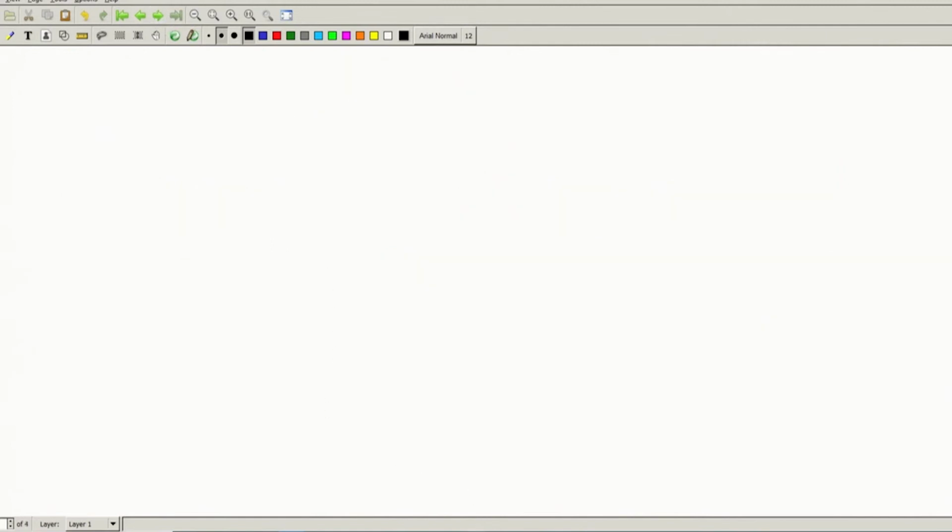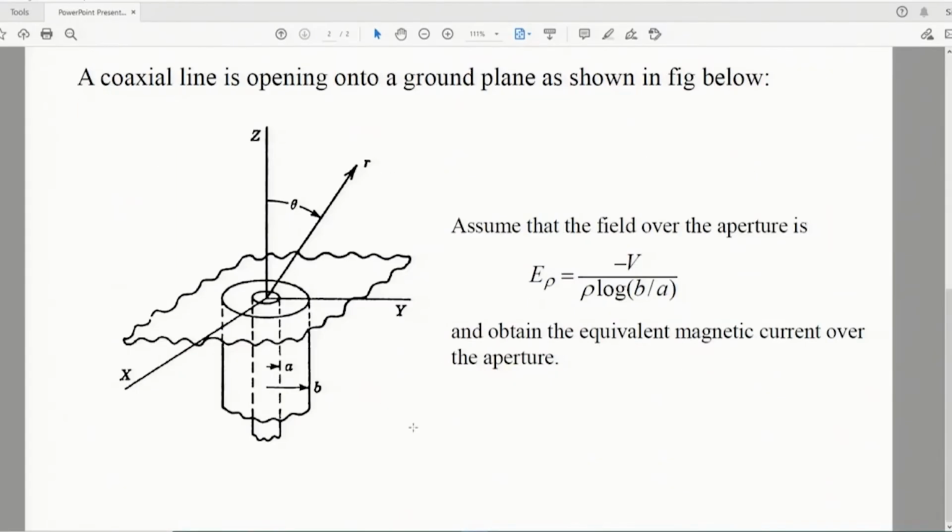Now, let us move to the next question. The next question says that there is one coaxial line opening onto a ground plane. We need to assume that the field over the aperture is given as E rho equals minus V upon rho log of B by A, where B and A are the outer and inner radius that we can see from the figure, and then we need to obtain the equivalent magnetic current over the aperture.